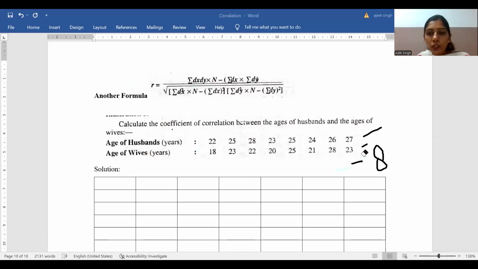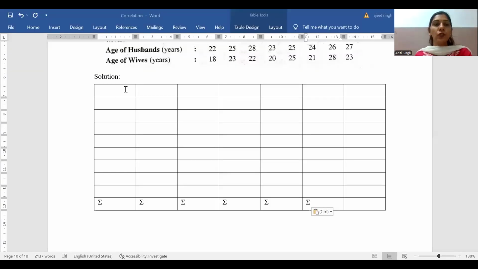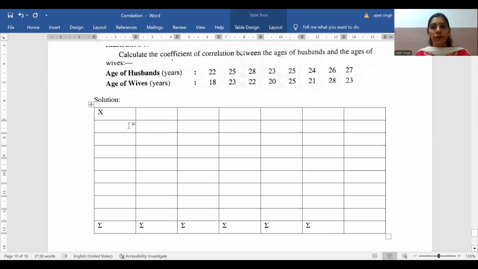So what we have to do first? We have to calculate the mean. First of all, the ages of husband, let's assume it variable x, and the values which are given are 22, 25, 28, 23, 25, 24, 26 and 27.